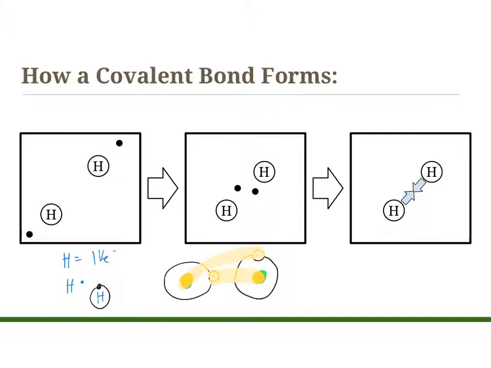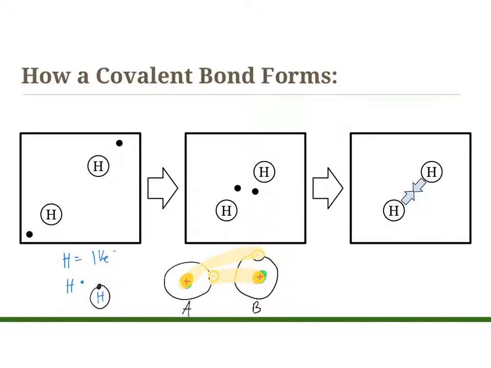So what I'm getting at here is that when nonmetals come in contact with one another or come near each other, the nucleus of atom A is attracted to the electron of atom B, and the nucleus of atom B is attracted to the electron of atom A. And as a result of that, the electrons tend to share the same spatial area.